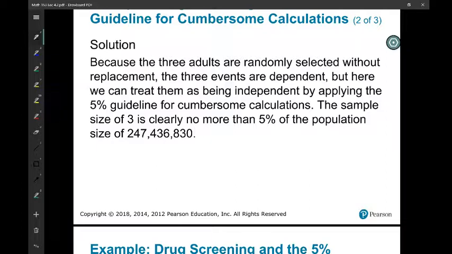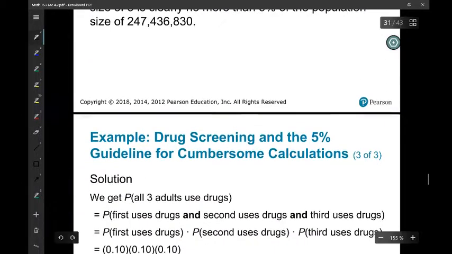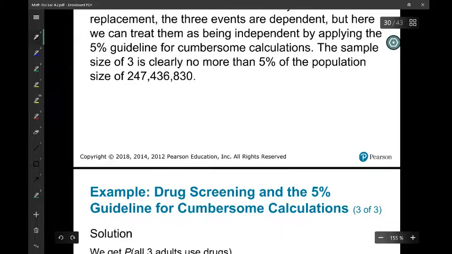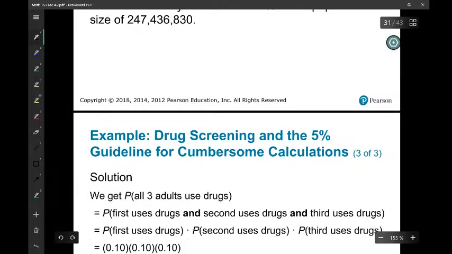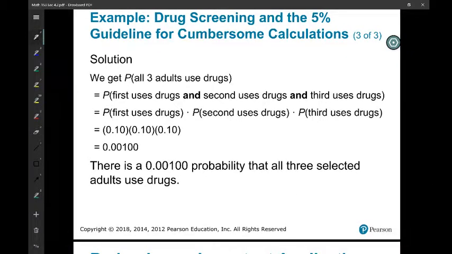So we can see that here our solution is calling for using the 5% guideline for cumbersome calculations, since 3 is clearly no more than 5% of the population of nearly 250 million adults. And so the probability that the first adult uses drugs, and the second uses drugs, and the third uses drugs, would be the product of their each individual probability of using drugs.